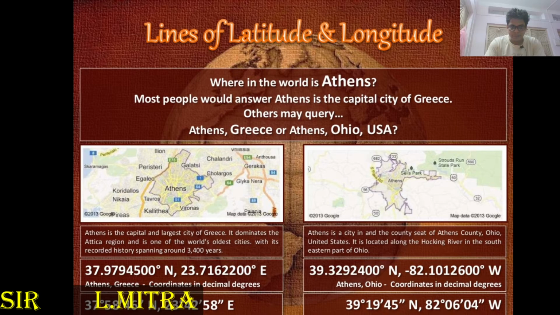There you can see the latitude and longitude already given for Athens. Here you can see another Athens city, and its latitude and longitude are also given. Where in the world is Athens? This is an example of how latitude and longitude demarcate that area, so we have to study this.